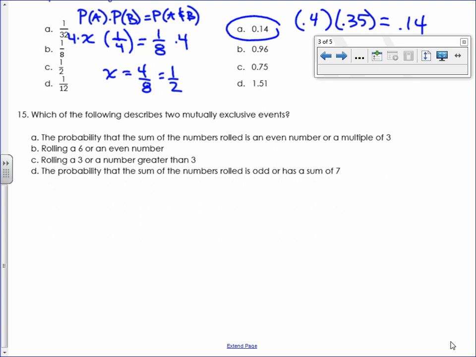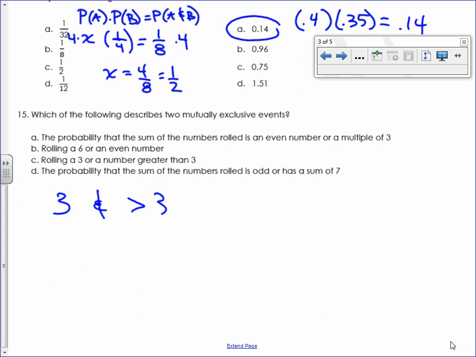So for number 15, the correct answer here was C, because a number can't be 3 and bigger than 3 at the same time. Does that make sense? It says 3 and greater than 3.